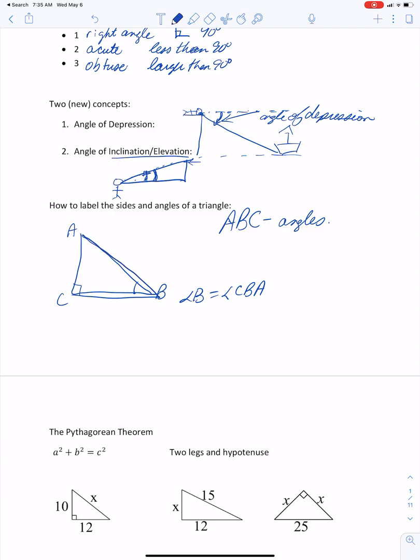So that's another way that you might see that labeled. And then I use lowercase a, lowercase b, lowercase c for the sides that are opposite, that correspond to those angles. So if this is angle B and I go across, this is side B, this would be side C, and then lastly down here, side A.